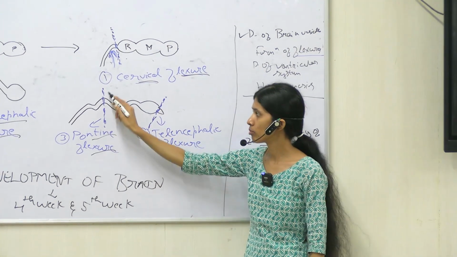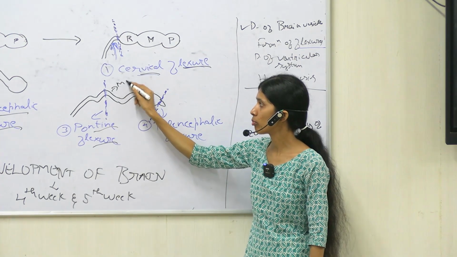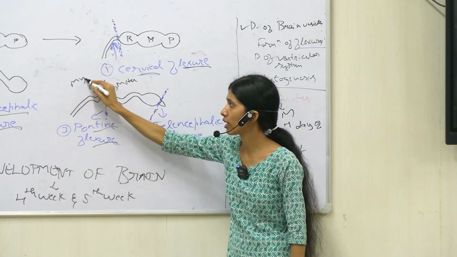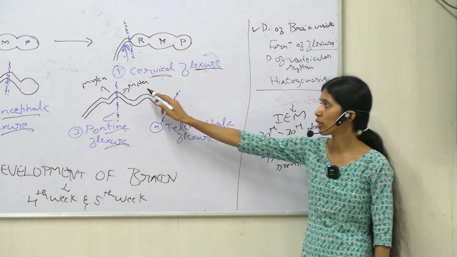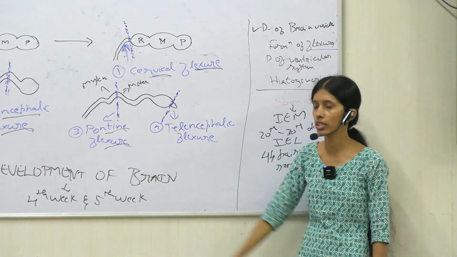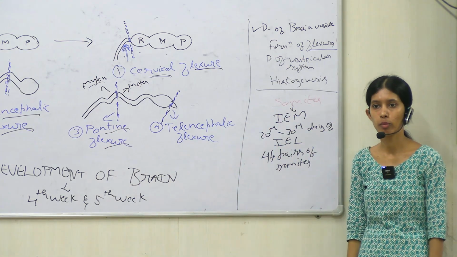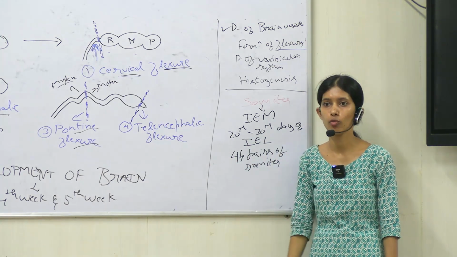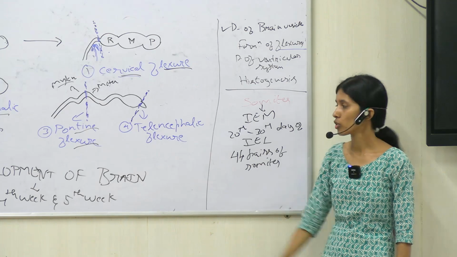So this bending will give rise to which part? Metencephalon and myelencephalon part or vesicles, I can say. This will develop as a metencephalic brain vesicle and this will develop as a myelencephalic brain vesicle. And in this area, we can again see one more flexure that is called telencephalic flexure.